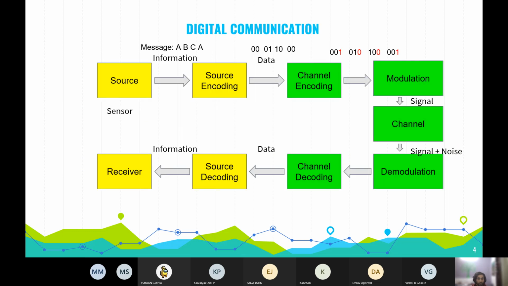In the last workshop, we talked about how a source signal is converted to a message via various schemes such as Huffman code, and that is further sent to channel encoding. So in this workshop, we will be talking about the boxes which are written in green.